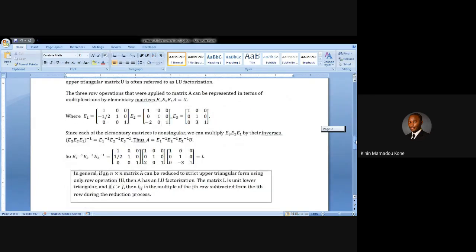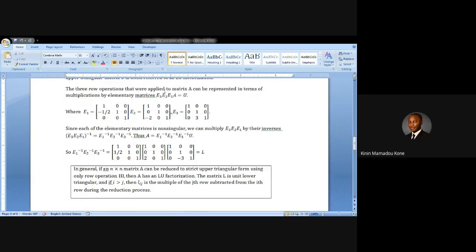So the three row operations that were applied to the matrix A can also be represented in terms of multiplications of elementary matrices. So you have your matrix A here, you have an E1 matrix, E2 matrix, and then E3 matrix. Each step of the multiplication can be represented in terms of an elementary matrix.